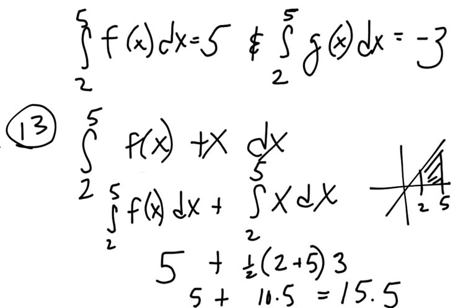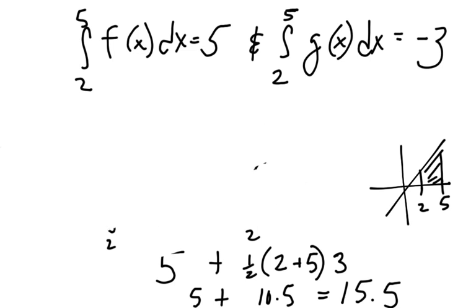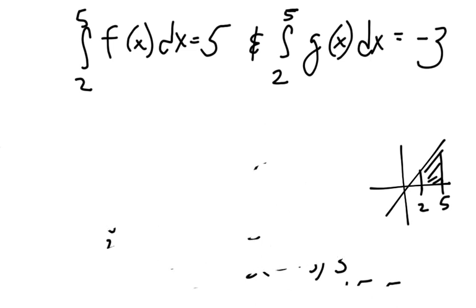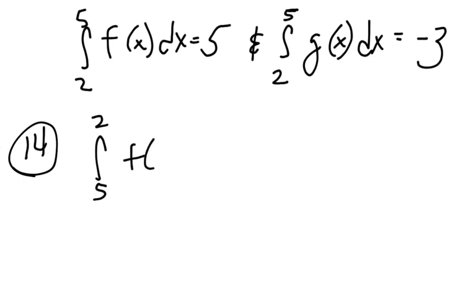Alright, now number 14, the last one with this startup information. And the last one we're going to do using properties. Is the integral from 5 to 2 of f of x dx.